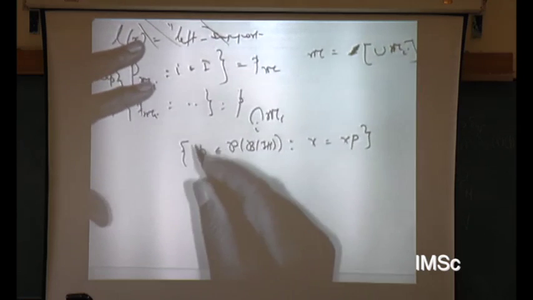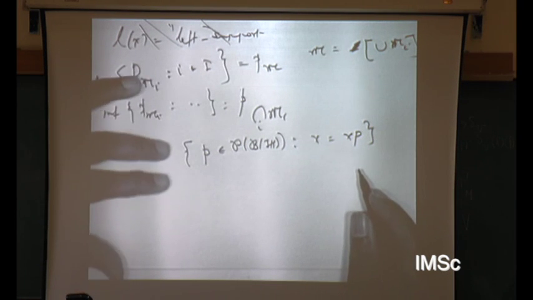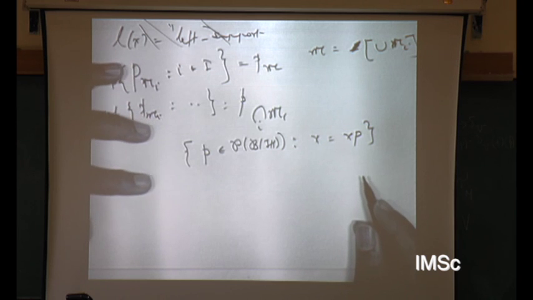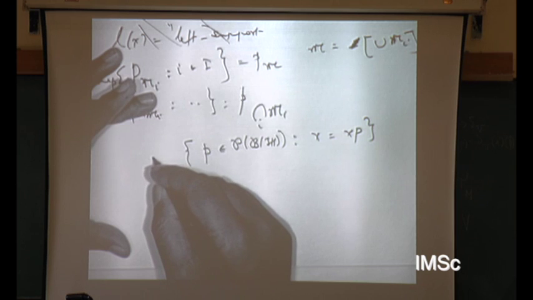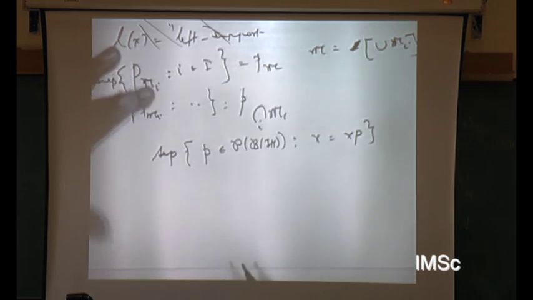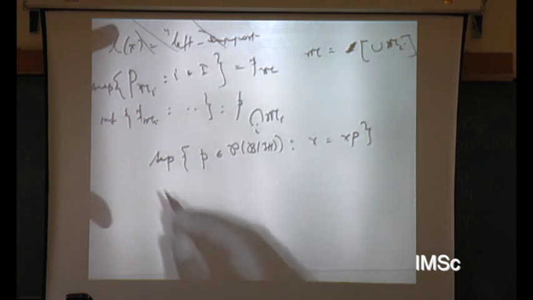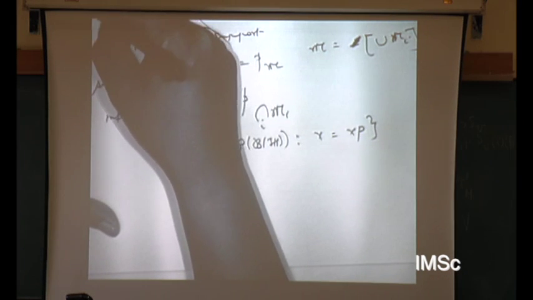This is some collection of projections in B of H. And as such, they must have a supremum. Right? I fix x in B of H, K.